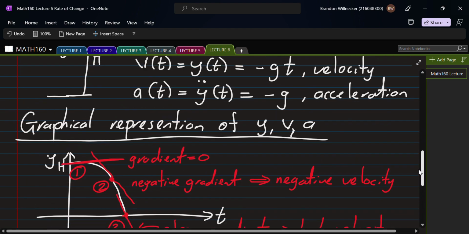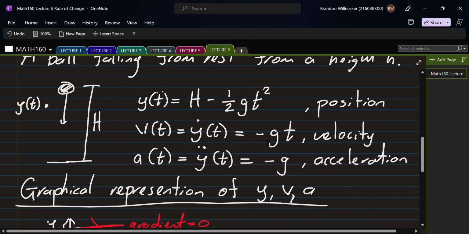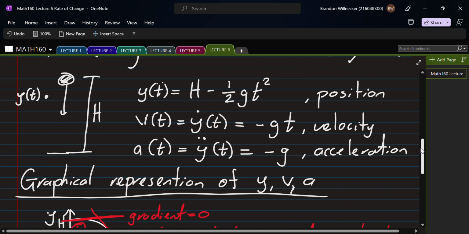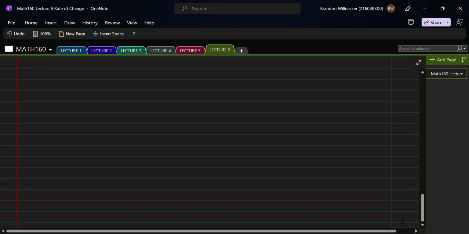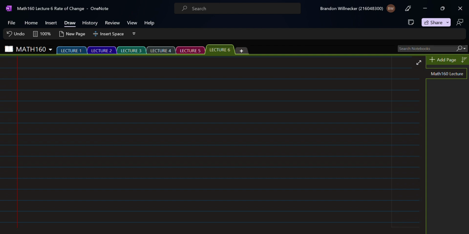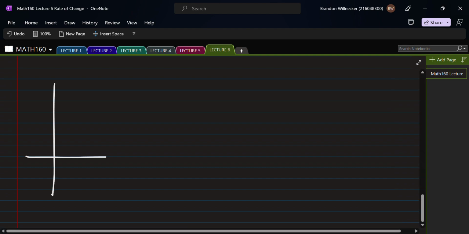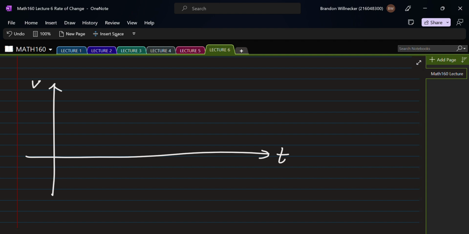So since we have this object falling, the velocity will have this form, and so we'll have a constant negative acceleration. However, for a different case, so maybe for another example, we might have something like this. The velocity versus time. Maybe it's not constant, maybe it looks something like this.